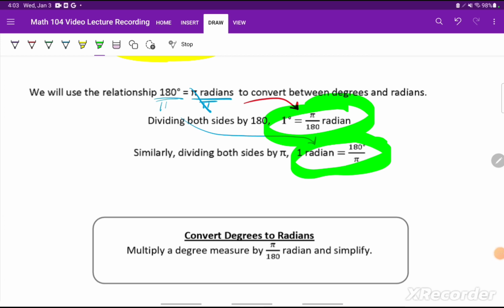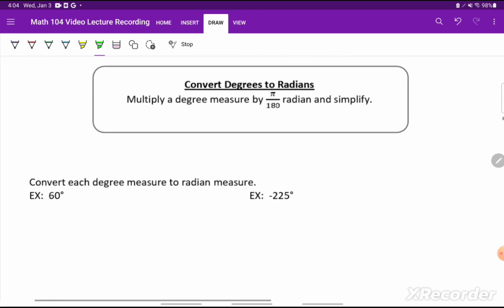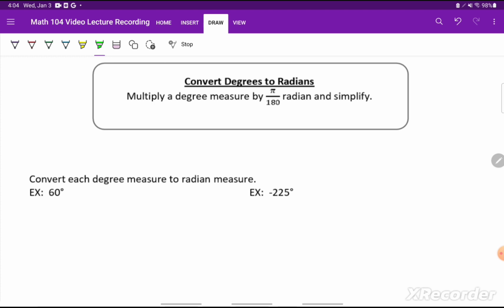We're going to start by converting degrees to radians. To do this, we simply multiply a degree measure by pi over 180 radians and simplify. So we're going to convert each degree measure to radians.